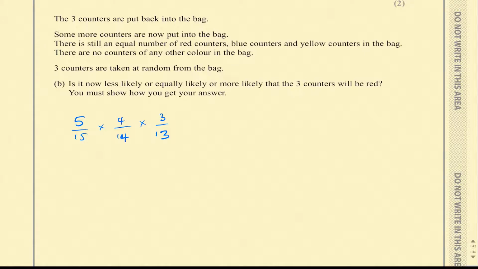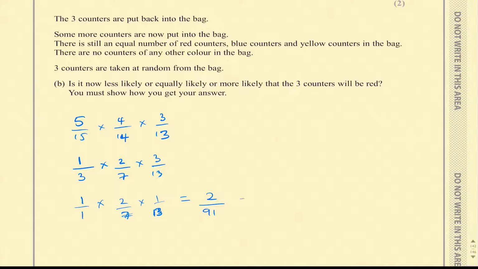So let's work this out. 5 in 5, 1, 5 in 15, 3, 2 in 4, that's 2, 2 in 14, 7, times 3 over 13. 3 cancel 3, so we're going to have left 1 times 2 over 7 times 1 over 13, which will give us 2 over 91, because 13 times 7 is 91.